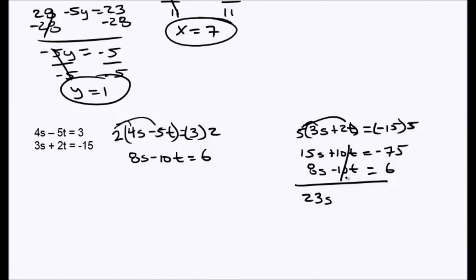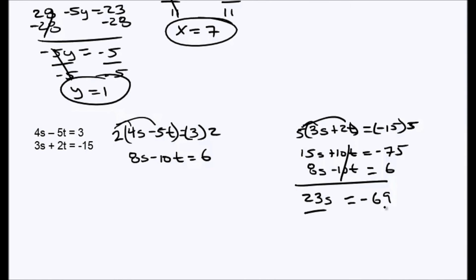My t's cancel, zero out. Now here I have negative 75 plus 6. The signs are different, so subtract and keep the sign with the bigger value. So it's going to be negative 75 minus 6 is going to be 69.